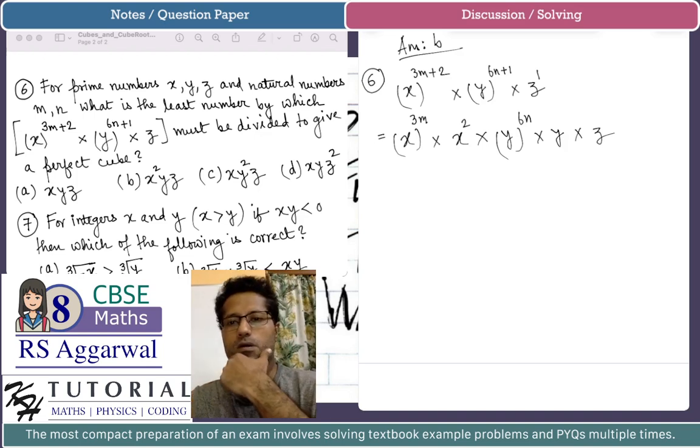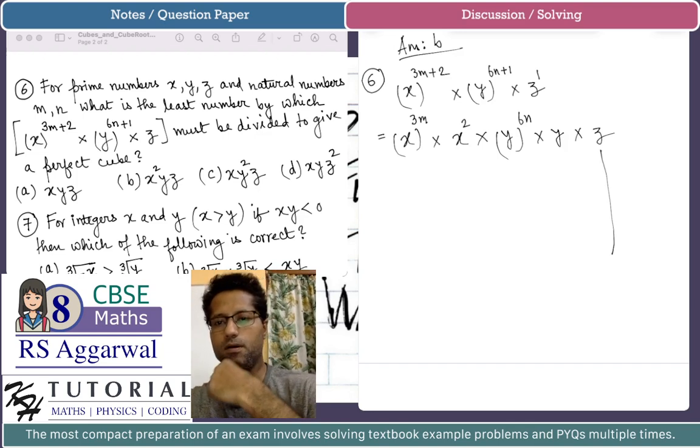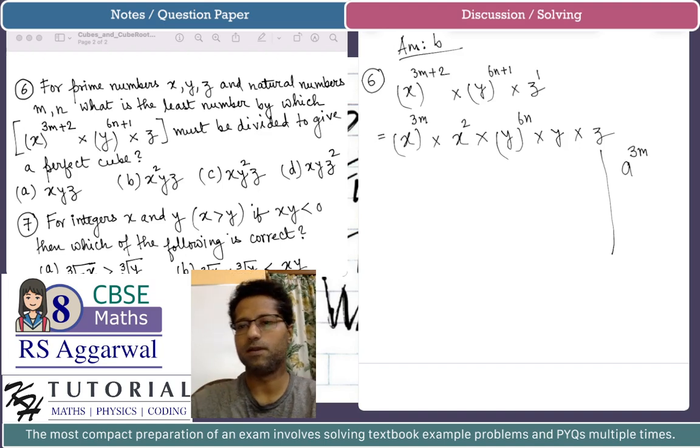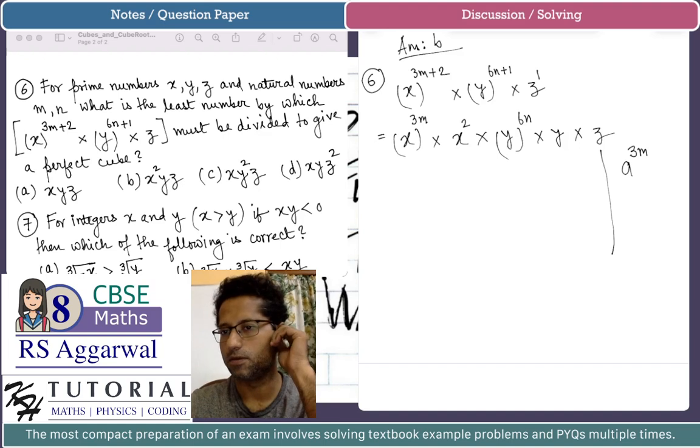Now, you know that an exponential term, let's say a to the power of the form 3m, where m is some natural number, 3m will be a multiple of 3.